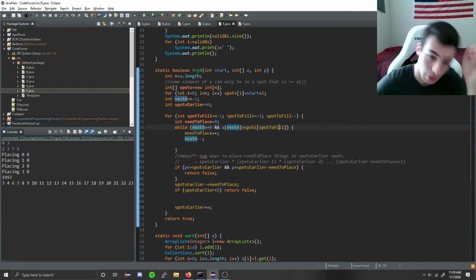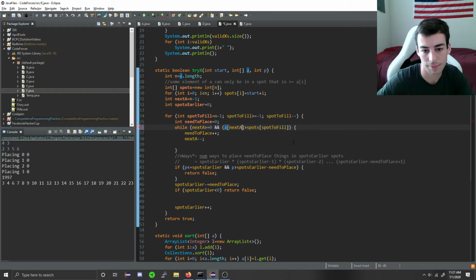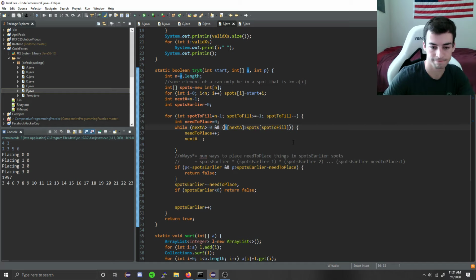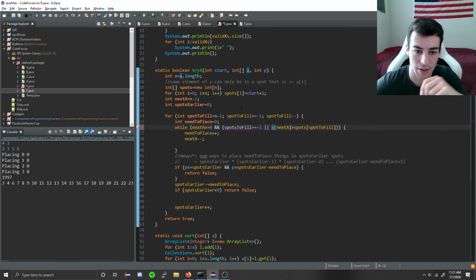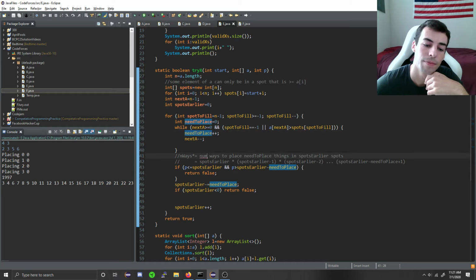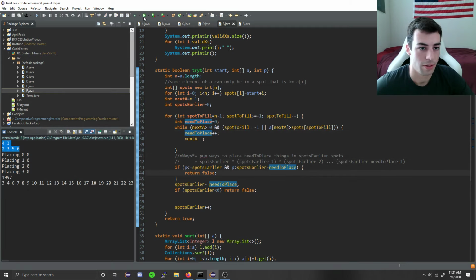Greater than or equal to -1 maybe. So if we're at the last spot, if we've used up all the spots, then it doesn't matter what our value is, we need to place it. So I think that's fine.